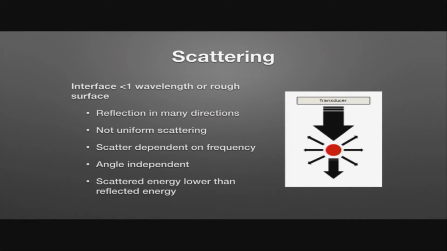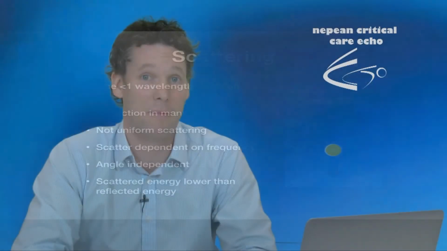You're not going to be able to determine which directions those angles are going to be coming off at. And it's important to remember that the scattered energy is going to be lower than the reflected energy, both from loss of energy from the sound waves scattering in many different directions, as well as from something such as attenuation, where you get some loss of the sound wave from friction.